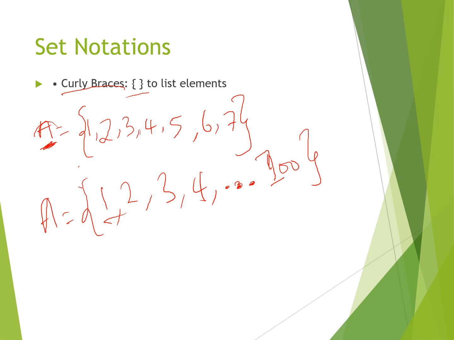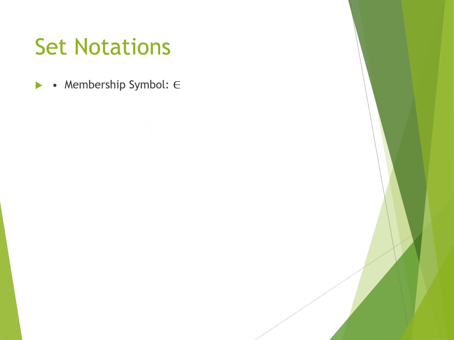Then the second notation is the membership symbol. Let's say I have a set V, and this V has the elements, the vowels of the English alphabet, which is A, E, I, O, U. Now, I want to tell somebody that A is an element or is a member or belongs to the vowel letters in the English alphabet.